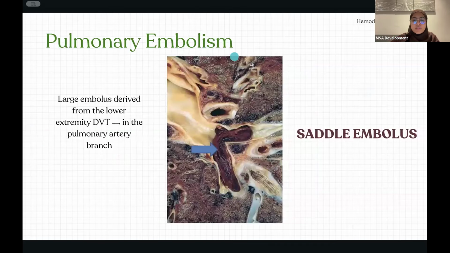Moving on to pulmonary embolism. Pulmonary embolism is usually due to deep vein thrombosis. So it happens when a person is sitting for too long, blood collects in the legs, resulting in DVT due to stasis, and then when a person gets up, the muscles contract, the emboli go to the lungs and cause an embolism in the lungs. Now, this is called a saddle embolus because it's in the pulmonary artery branch and it kind of looks like a saddle.